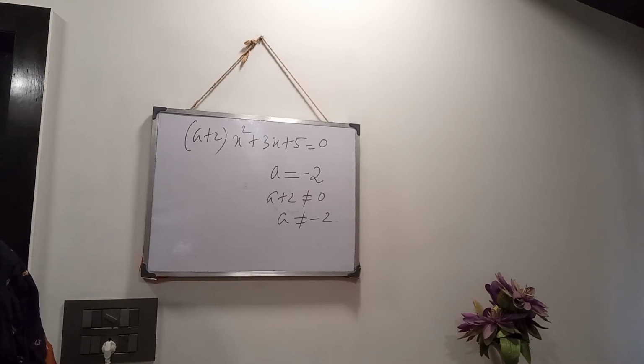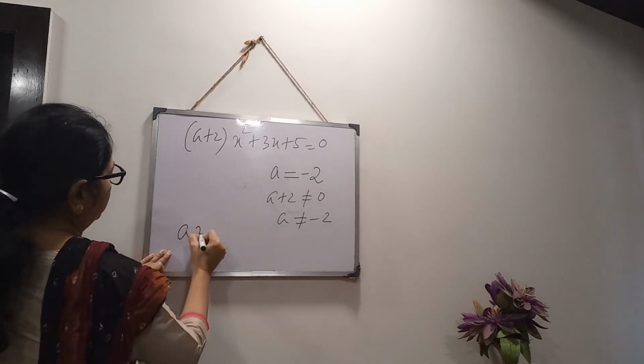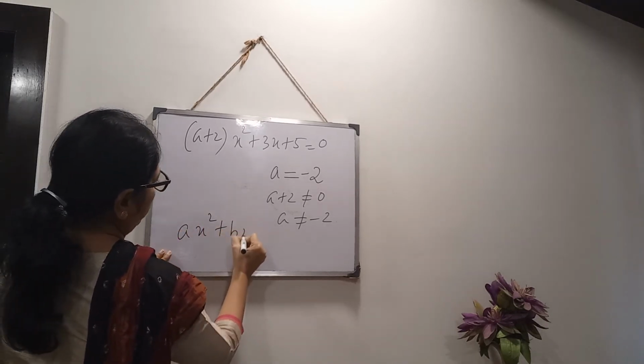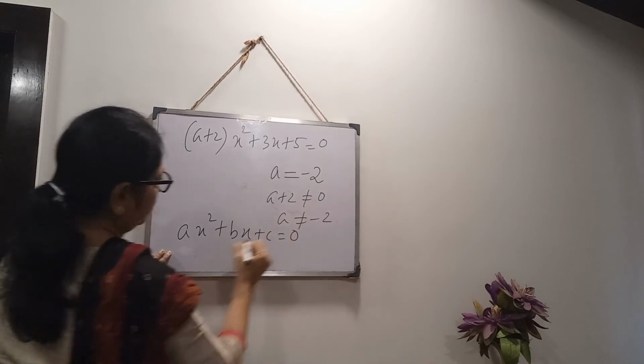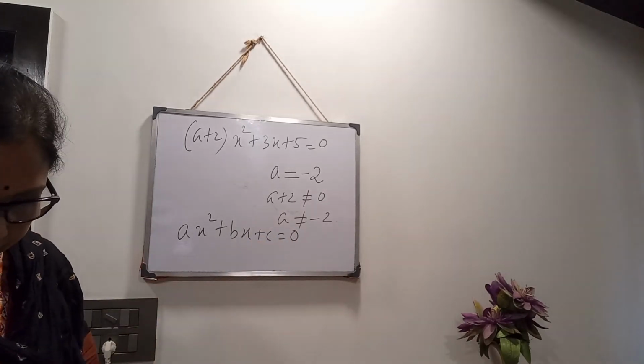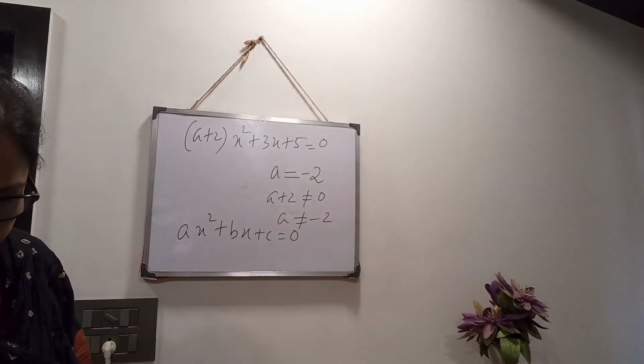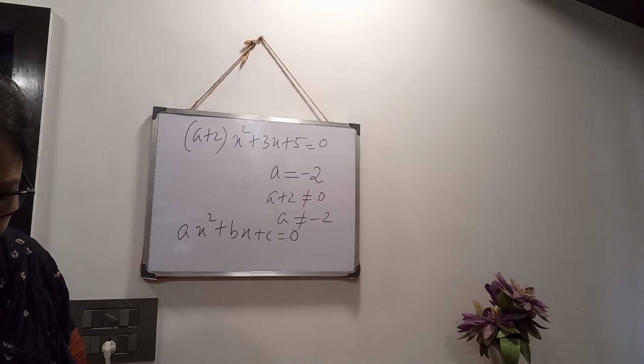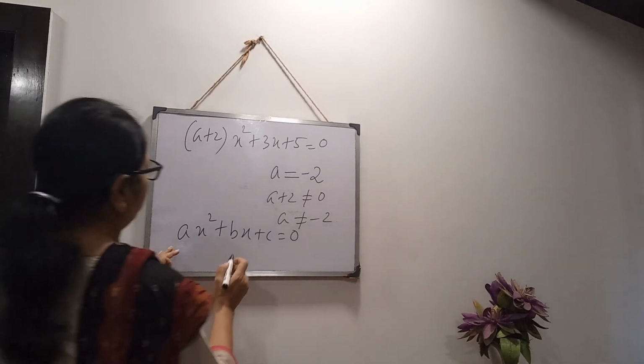Next, under what condition are both the roots of the equation 0? General form of the equation is given, ax square plus bx plus c equals to 0. It is asked, under what condition are both the roots of the equation 0?